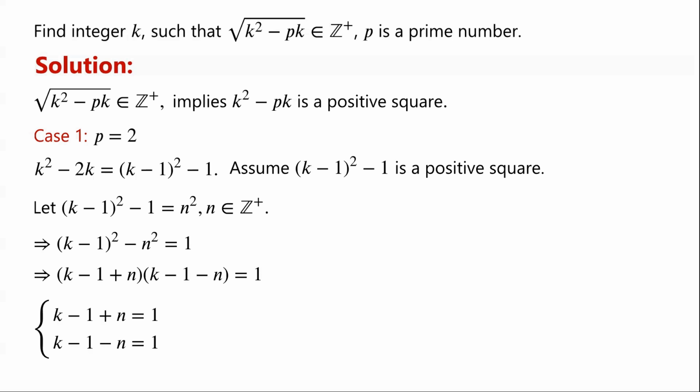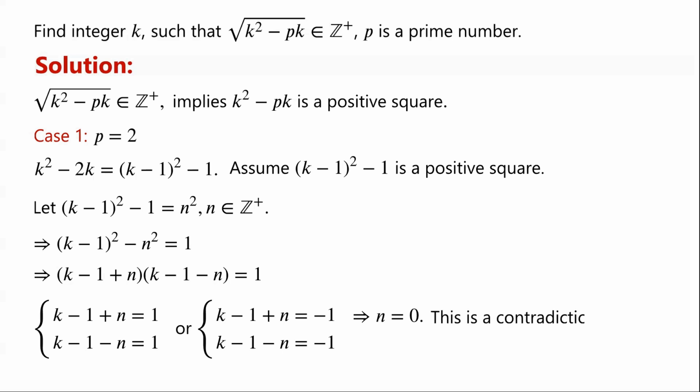So either k minus 1 plus n equals 1, and k minus 1 minus n equals 1, or k minus 1 plus n equals negative 1, and k minus 1 minus n equals negative 1. In either case, n equals 0. This is a contradiction to that n is a positive integer. So if p equals 2, there are no solutions.